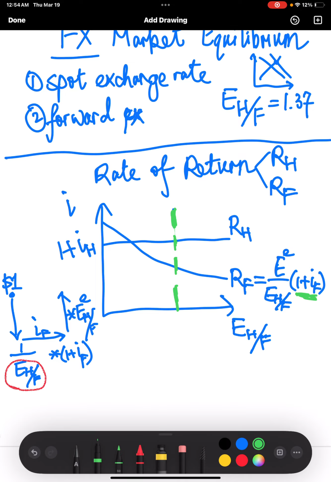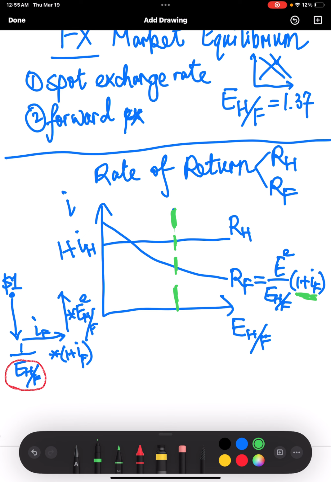So a lot of people are going to do that, which would increase the demand for the home currency. And we say that the exchange rate is just a price for a currency.